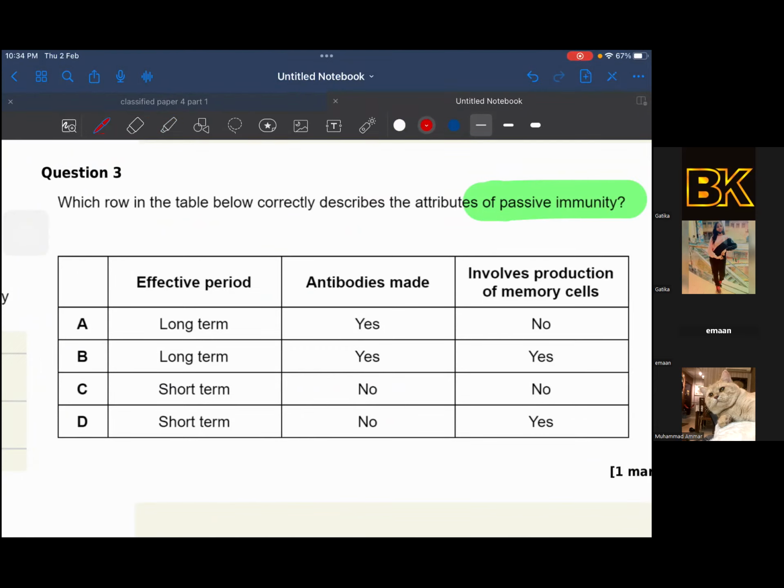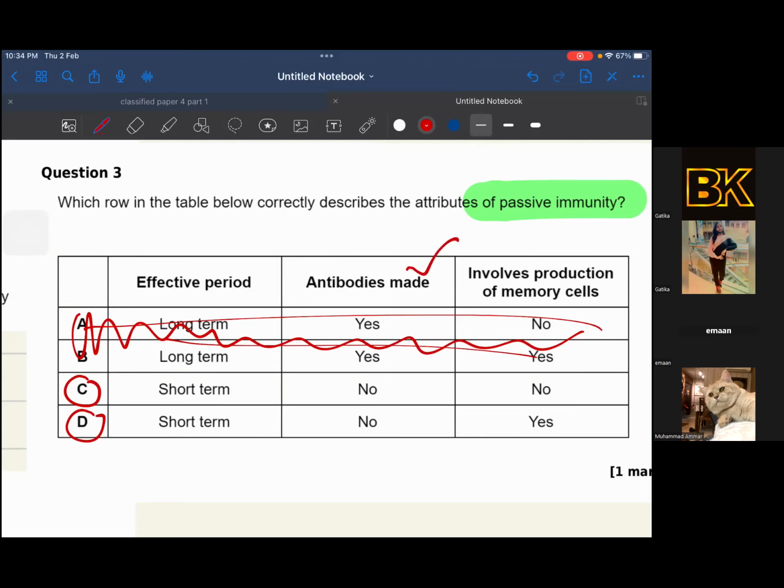So we are eliminating these two options. We're only going to look at C and D. These are the two possible ones. Now, antibodies are made, yes or no? No, they're not made. Just now I told you antibodies will not be made, right? It's passive immunity. So it could be this or this, and even both of these are correct.